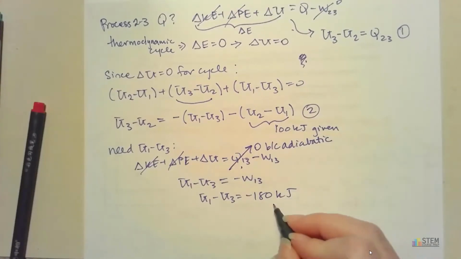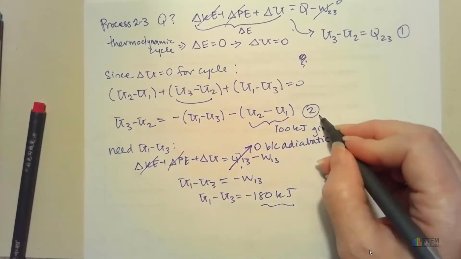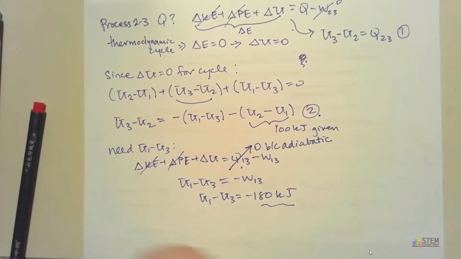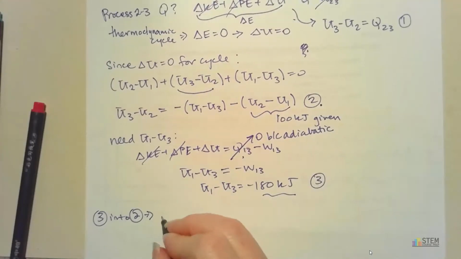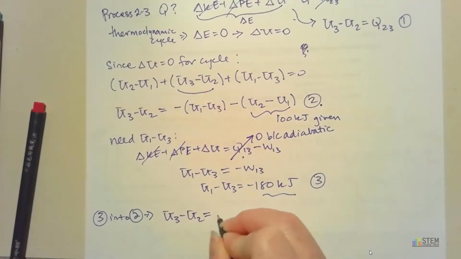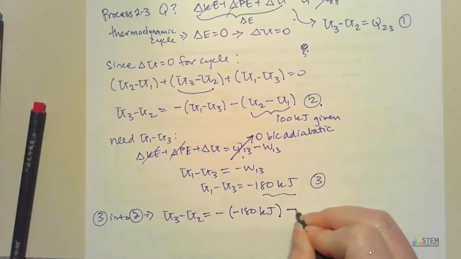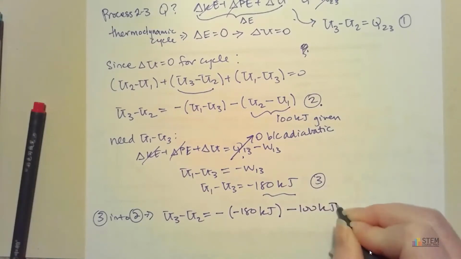Now we can take this and plug it back up into equation 2. So let's call this 3. We'll say 3 into 2, and that's going to give us U3 minus U2 equals a negative 180 kilojoules minus 100 kilojoules.